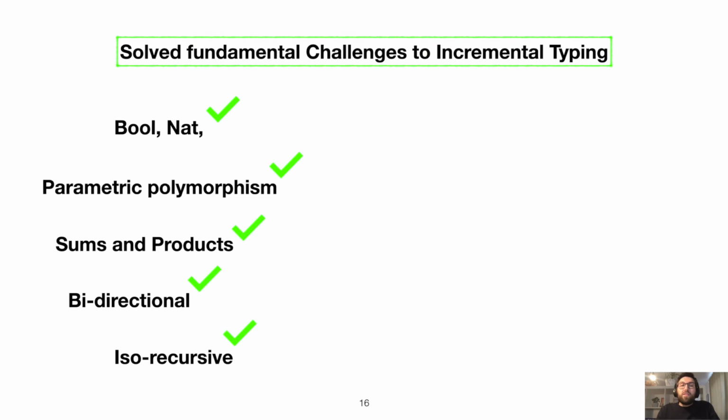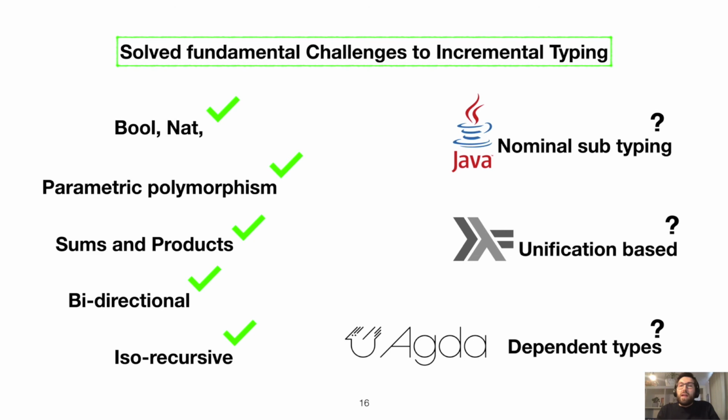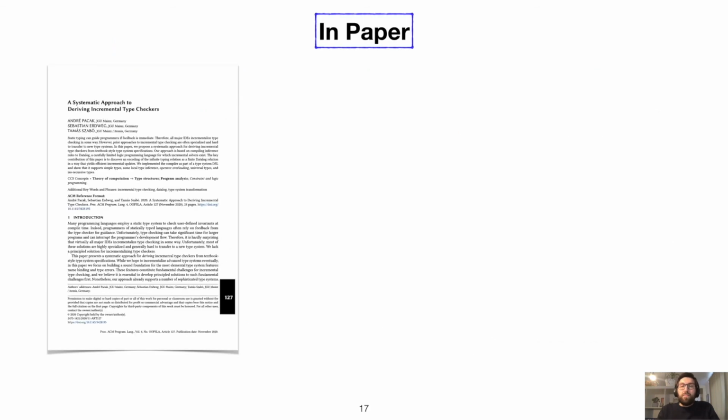Based on this foundation of deriving incremental type checkers systematically, we want to investigate how we can support more sophisticated typing features, such as nominal typing of Java, unification-based type inference of Haskell, and dependent types of Agda.